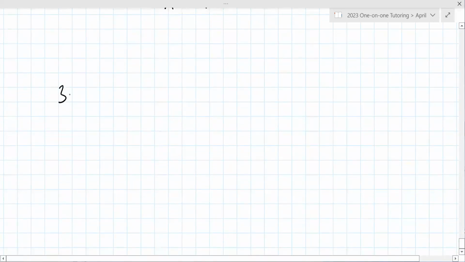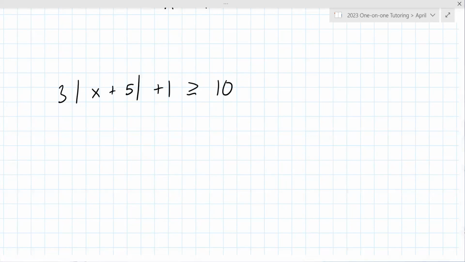All right, let's go: 3 absolute value X plus 5, oops, let me add one more thing here, plus 1 greater than or equal to 10. All right, got it.